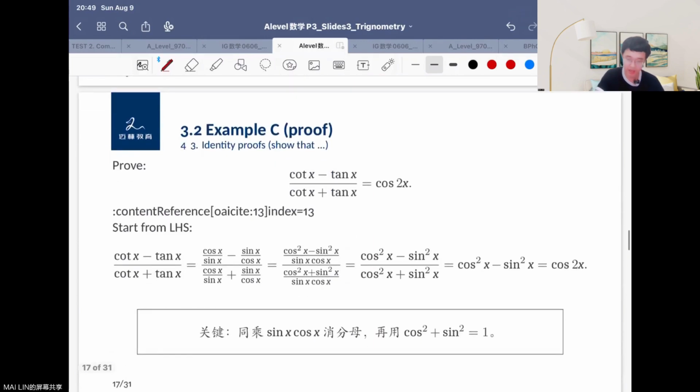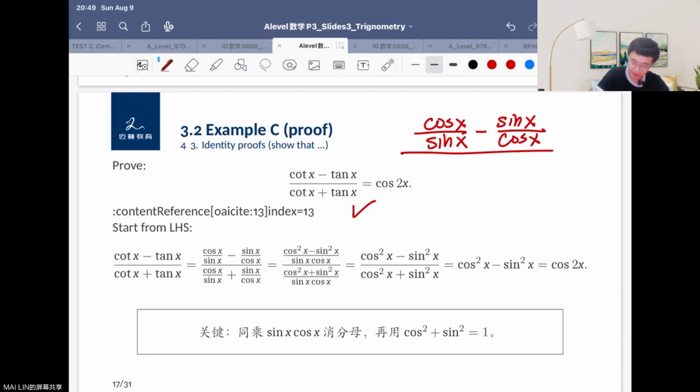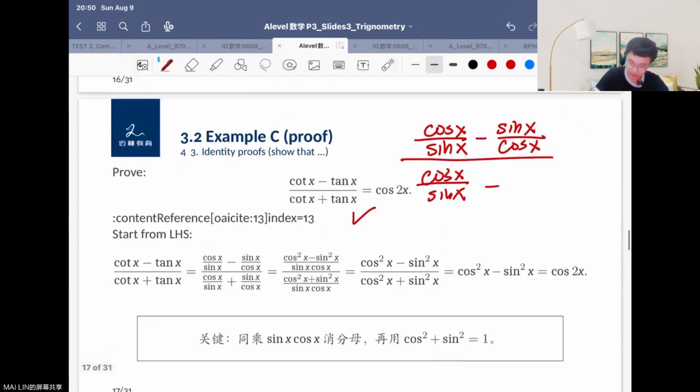For example, if you want to prove cosine x minus tan x over cosine x plus tan x equals cosine 2x. For this kind of problem, most of the time we just turn the tan and cotangent into sine and cosine. For example, cotangent x can be written as cosine x over sine x, and then minus tan x can be considered as sine x over cosine x, divided by cosine x over sine x plus sine x over cosine x.